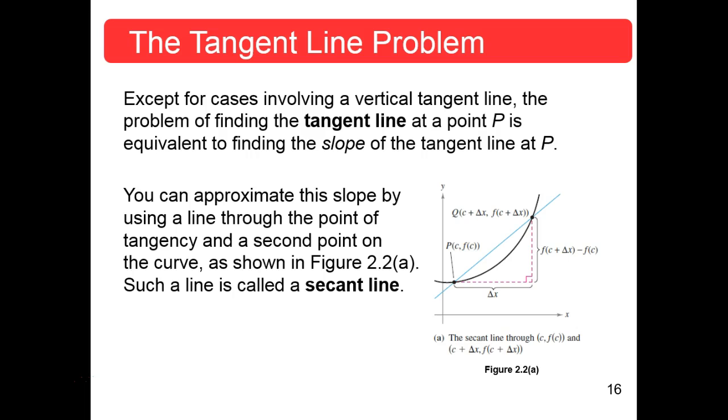Well, that just gives you delta x here. Okay? So f of c plus delta x minus f of c, that's your rise. Your run is your delta x. So you can get the slope of the secant line by just doing rise over run, just like we did before. And that's what we called the difference quotient.